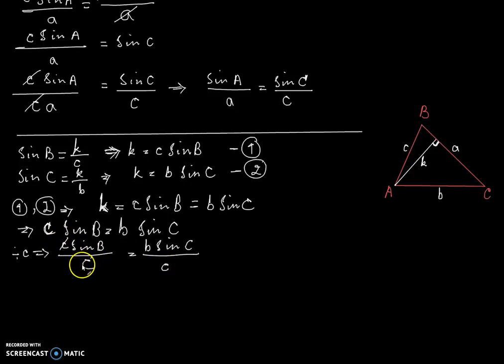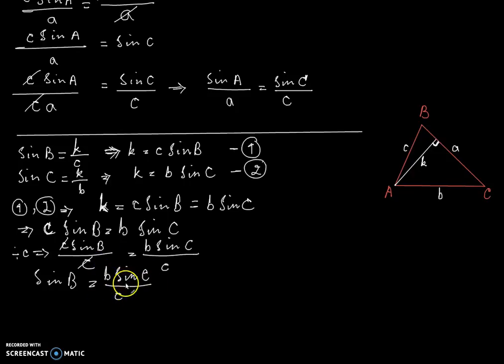These two would cancel out, and you would get sine B is equal to b sine C by c.